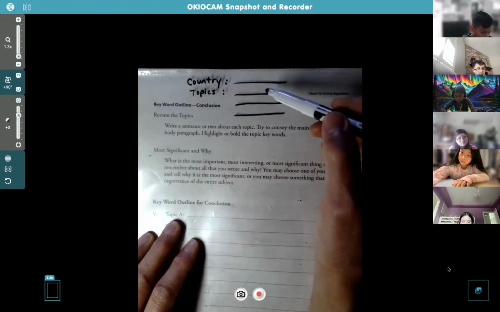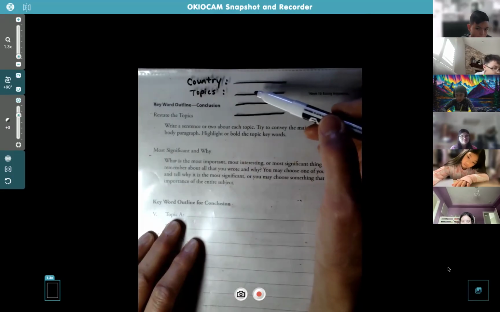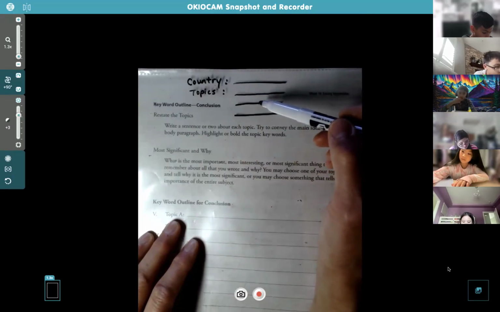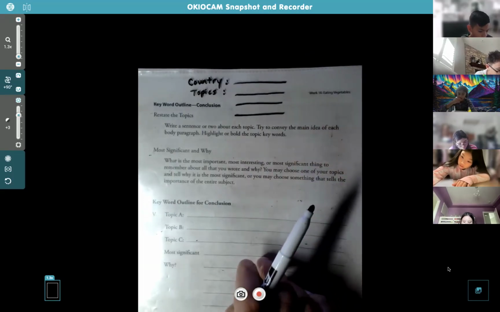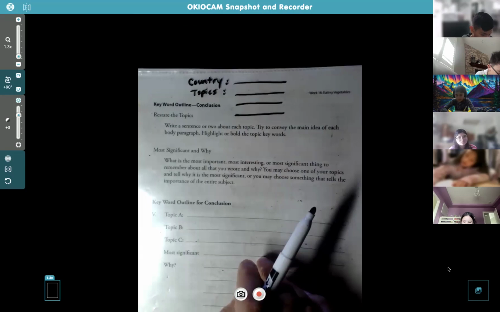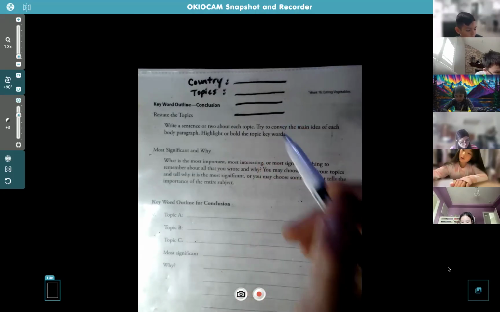For Megan, I think you did 2 topics, which is fine. You did geography and plants and animals, I think was your second topic. So think about the 3 paragraphs you did and think about the 3 topics that you wrote about. So the name of your country and then what are the 3 topics?